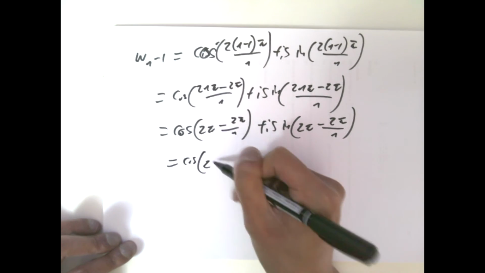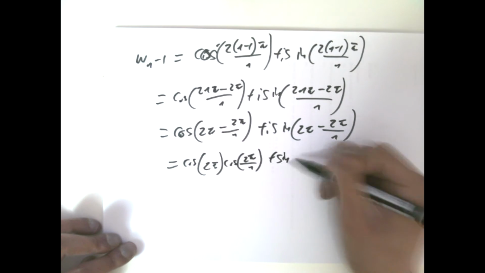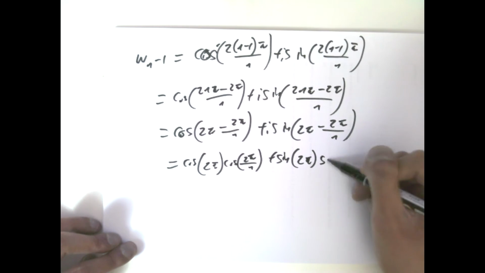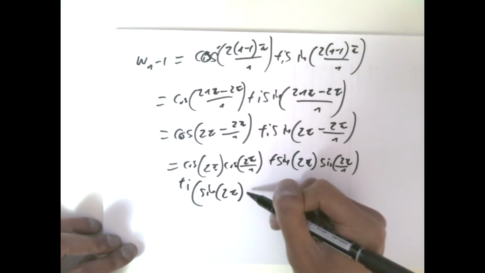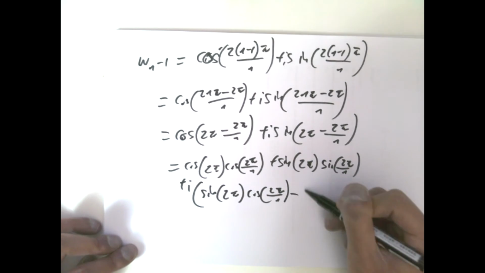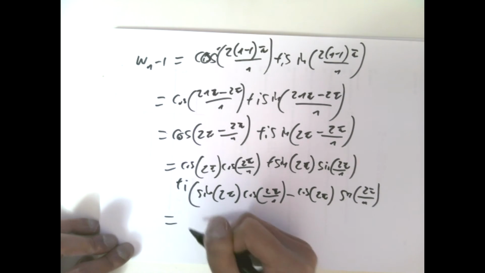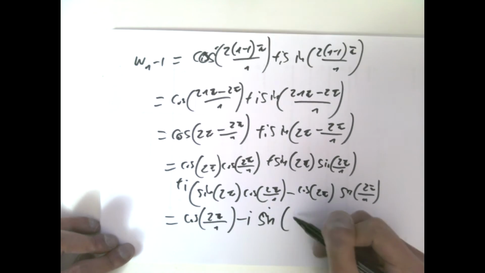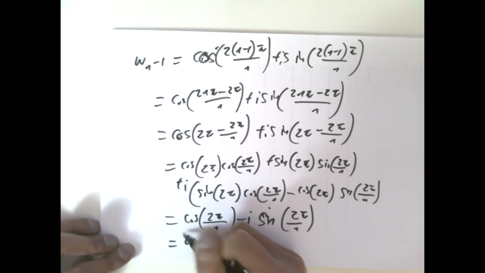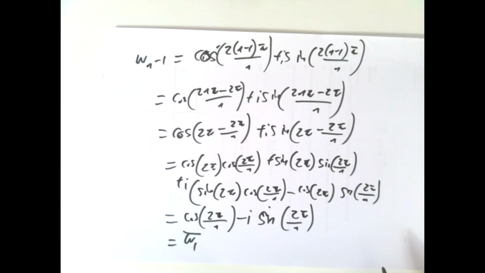But by your double angle formulas, and omega n minus 1 is omega 1 bar, the conjugate.